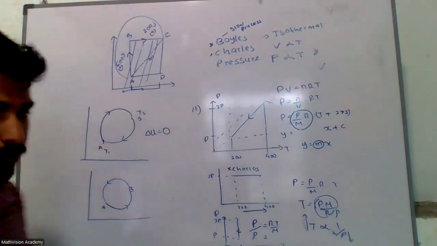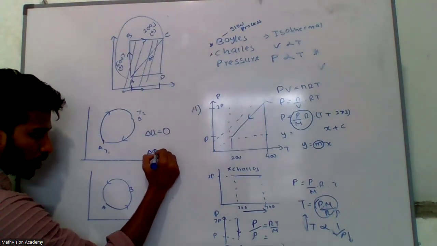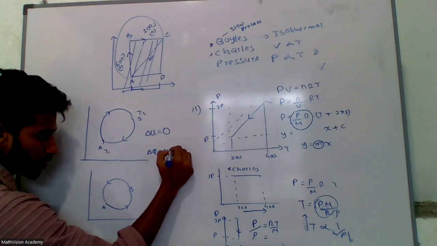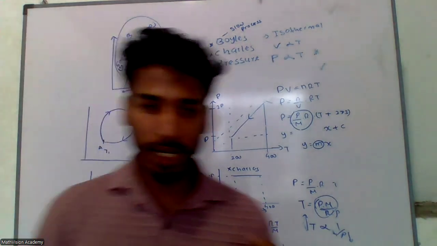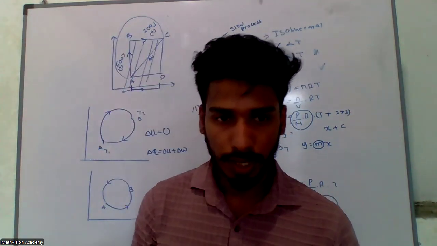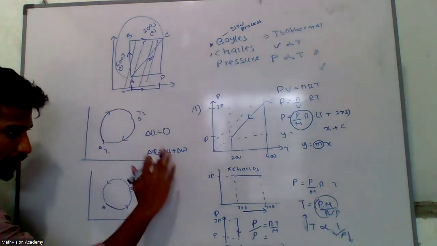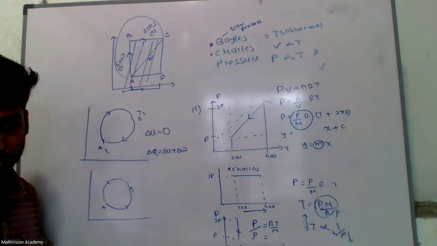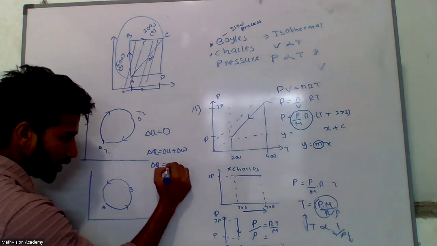See here. You know that delta Q is equal to delta U plus delta W. I said to you that throughout this process, the internal energy change is 0. So delta Q is equal to delta W.